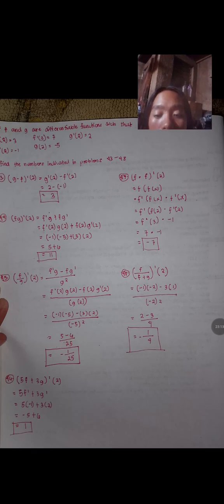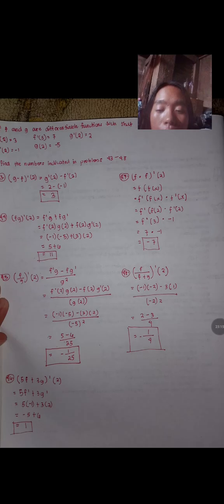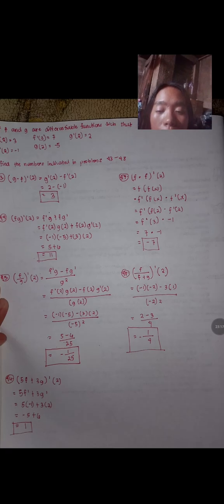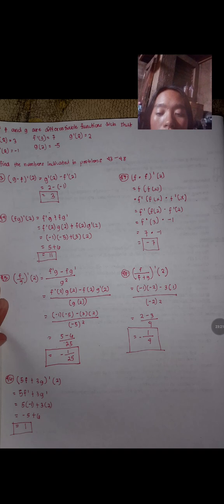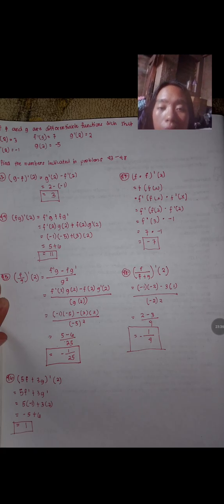So that would be f prime of 2 times g of 2 minus f of 2 times g prime of 2, over g of 2 squared. To substitute the values, we have negative 1 times negative 5 minus 3 times 2, over negative 5 squared. So that is 5 minus 6 over 25, which is equal to negative 1 over 25.